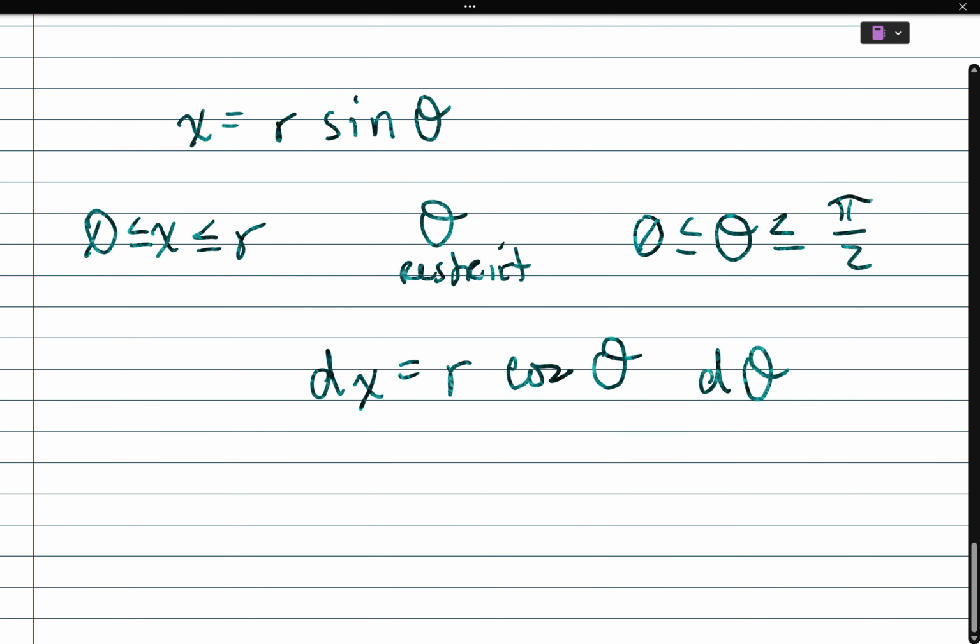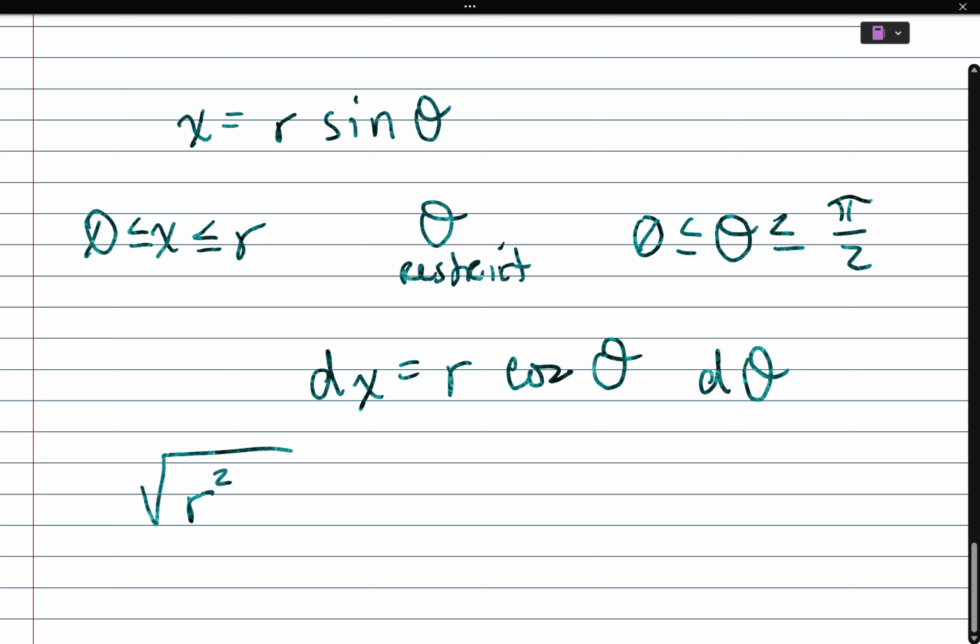Okay, and then from this, the square root of r squared minus x squared is going to be equal to the square root of r squared minus r squared sine squared theta.